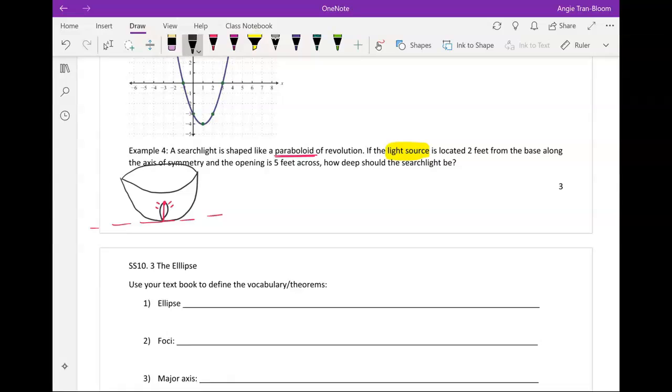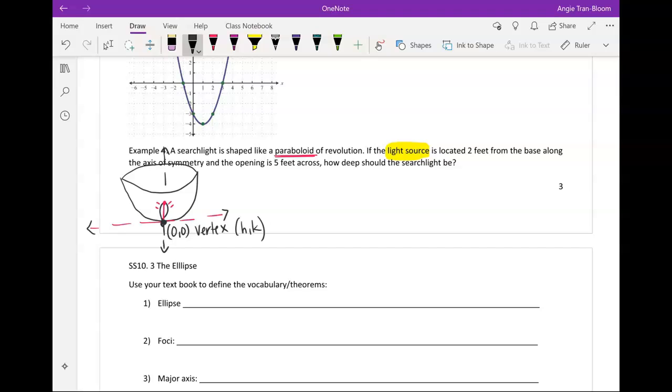We're going to make the base at the origin because it's just the easiest location. So the base is at the origin, 0, 0, which is your vertex, your h, k. So when the vertex is at the origin, h and k will always be 0, 0.